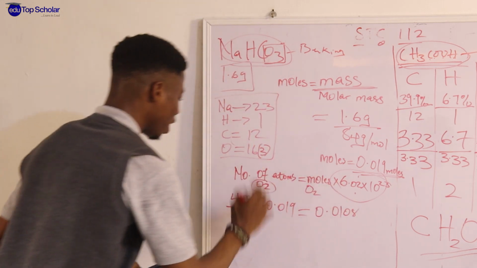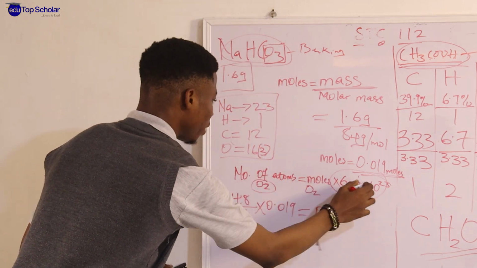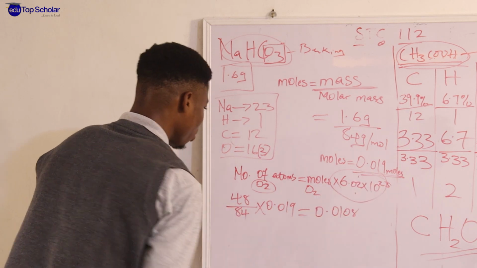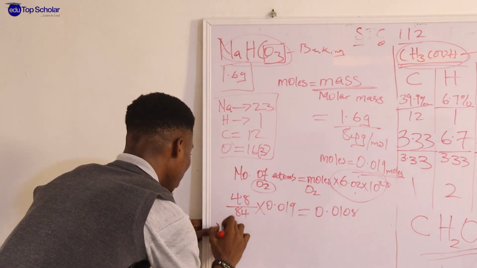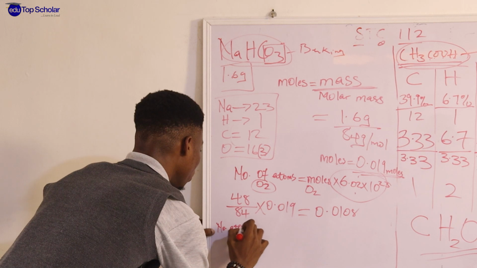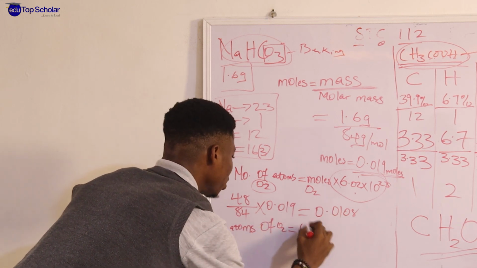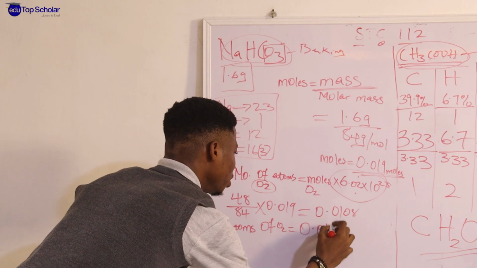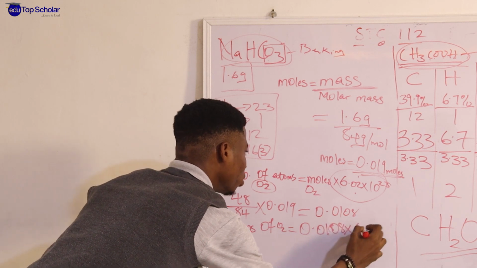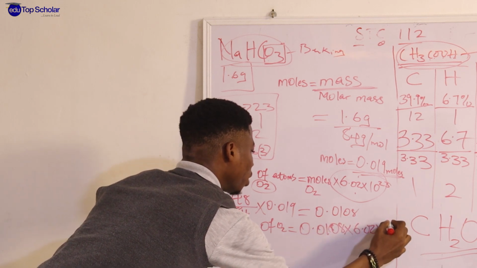So to get the number of atoms of oxygen, we need to multiply it by the constant, which is Avogadro's number. So we have the number of atoms of oxygen will be equal to 0.0108 times Avogadro's number, times 10 raised to the power 23.